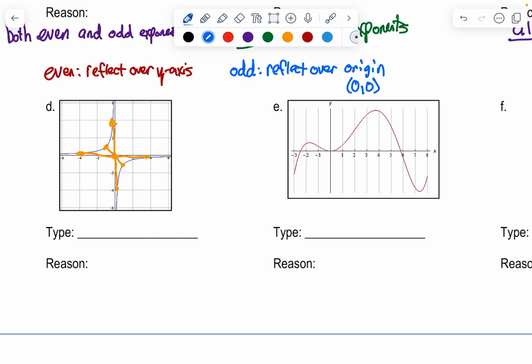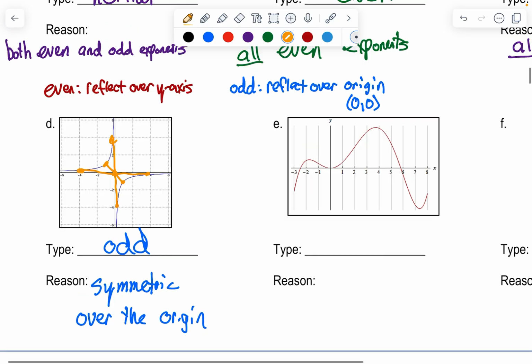So guess what? This is going to be an odd function. And I can say it's symmetric, it reflects over the origin. And that's how you roll through and do those.